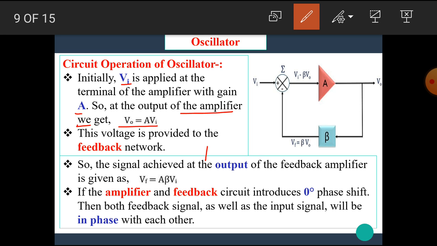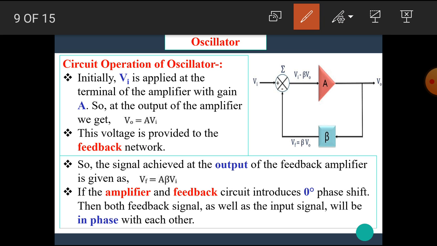Hence, we can calculate V0 equal to A into V in, so V0 equals A Vi.